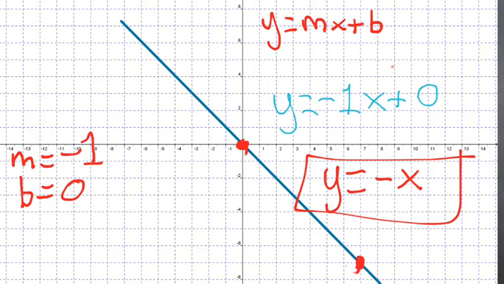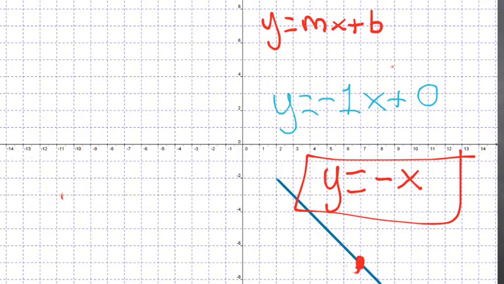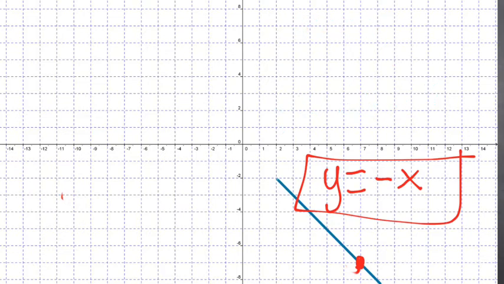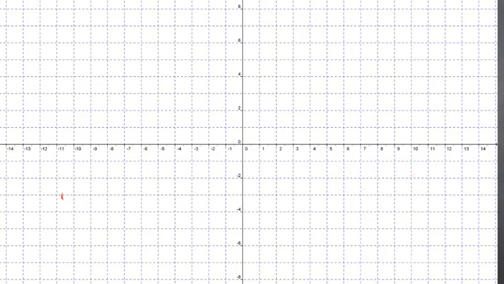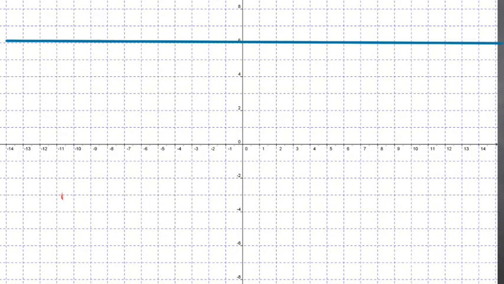Before we graph another weird looking linear equation like this, let me draw one more line and show you how its linear equation might look. Here's this line. We didn't really get to it yesterday, but now is the perfect time to do it.